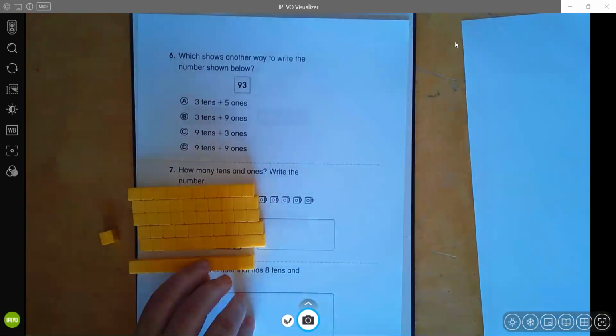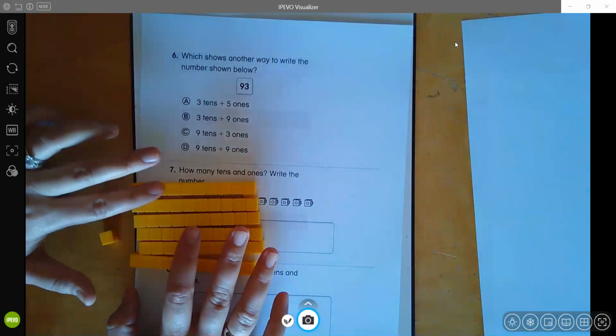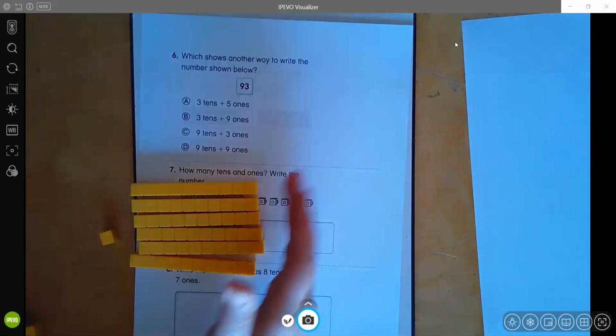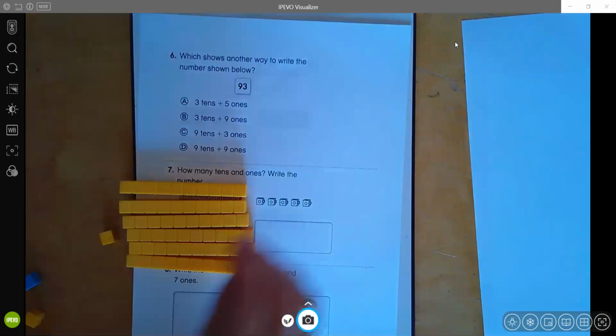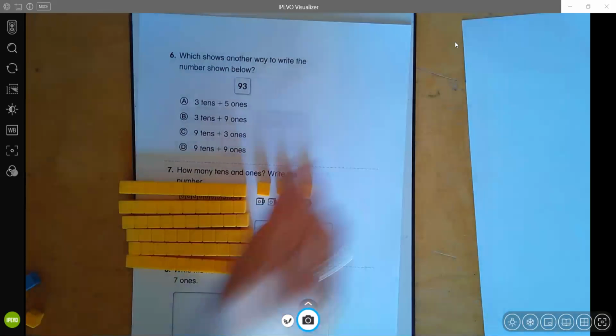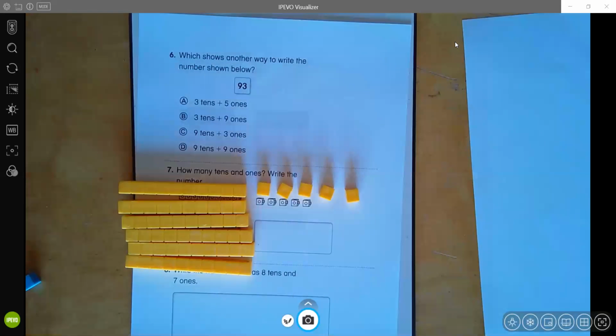Okay, so you can go ahead and count those. I'm going to put a little bit of a space between them so you kind of see them a little bit better. And then let's show how many ones there are. Make sure I didn't cover any of those ones up. Okay, so go ahead and take a moment. You can count those and then write your answer.